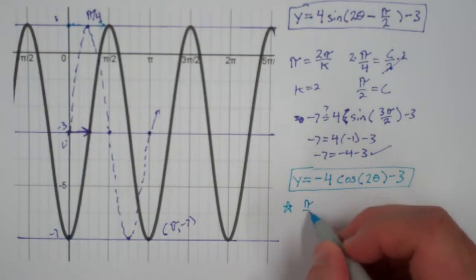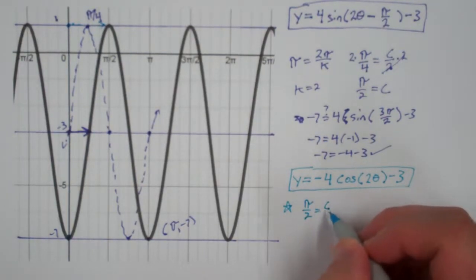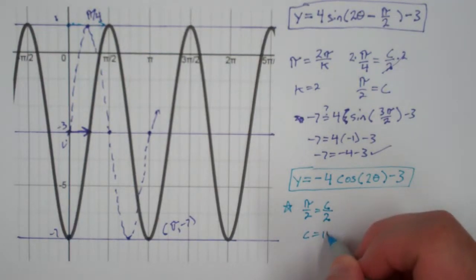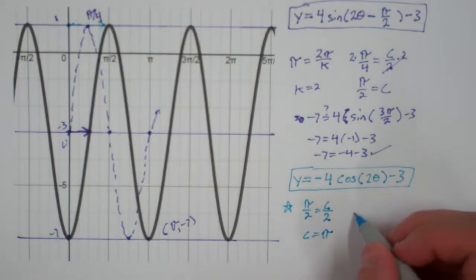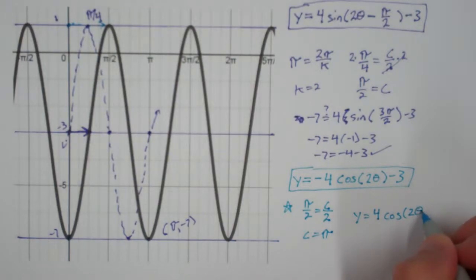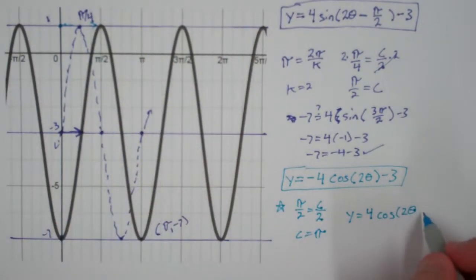So we can do pi over 2 here is equal to c over k. C, of course, you can tell has to be pi. And so now we could write this equation having a +4 here. The cosine of 2 theta, now it's to the right, so we need to put a minus sign. Pi is the value of c, then -3.